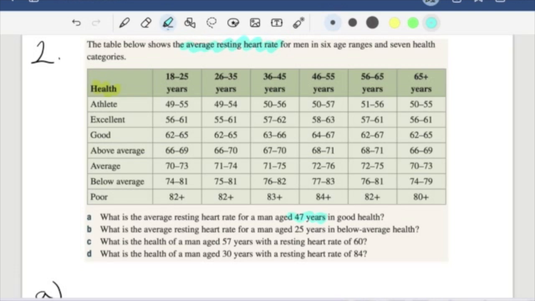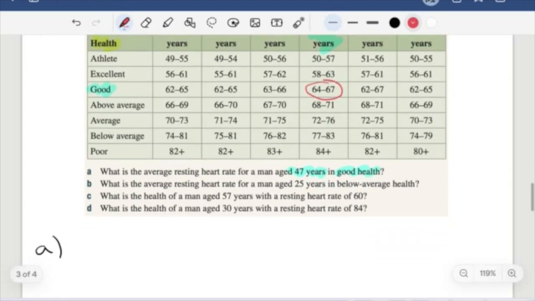We are looking in this particular column, age 46 to 55 years, and we're told this person is in good health. So we are going to look here. And we just look at where these two match up, where the column and row matches up, and we are over here. So the average resting heart rate, the answer to part A, is going to be 64 to 67 beats per minute.